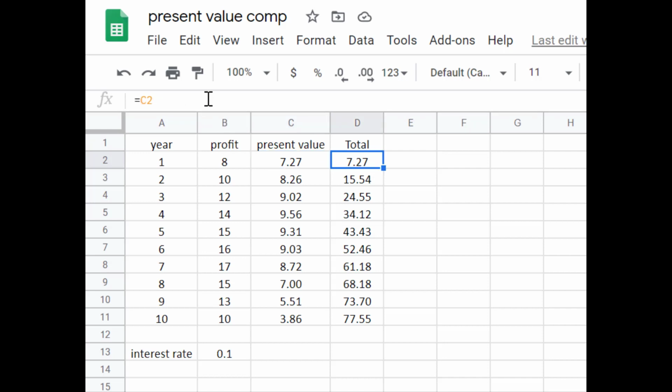If you look at the equation here, it is equal to C2, so whatever number is in C2 will be inserted. But if you go to the next row, cell D3, the equation now includes not only C3 but also the previous total profit in D2. So you can see how it calculates the cumulative present value of profit.